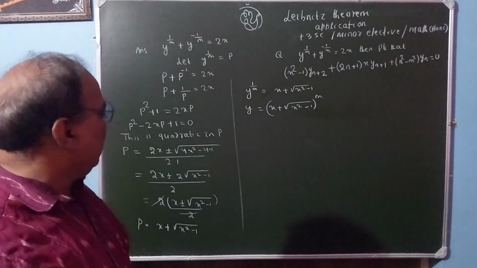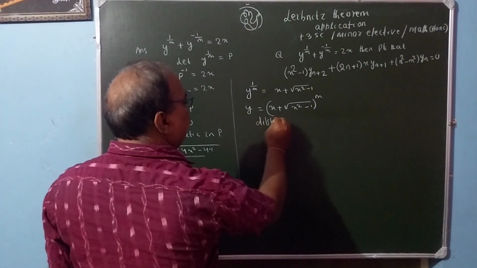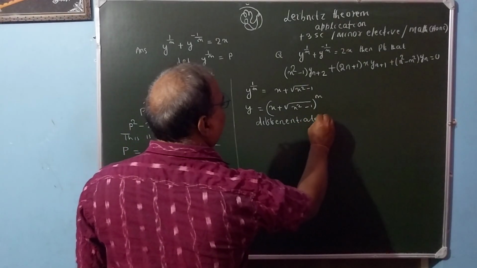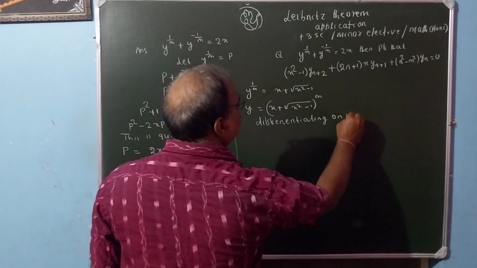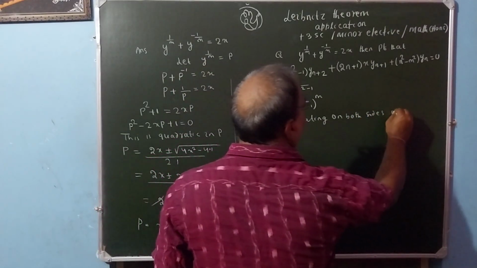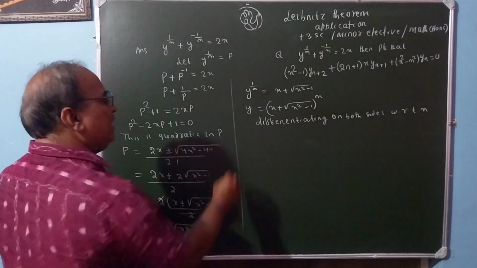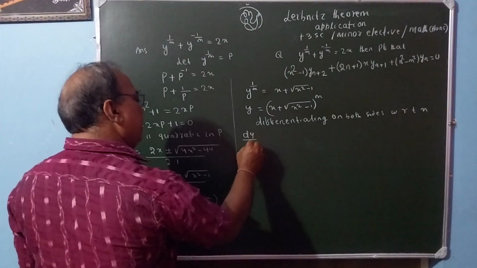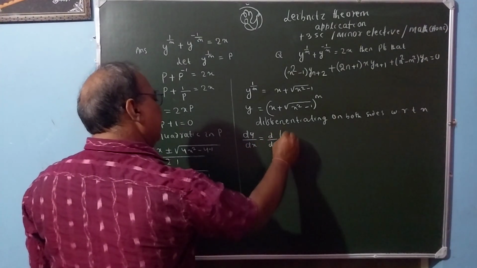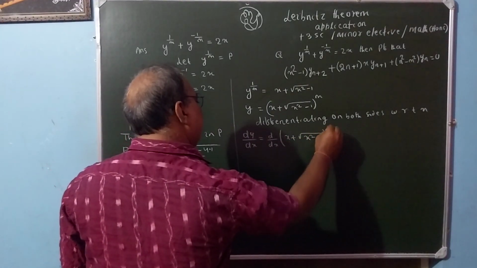Now differentiating on both sides with respect to x. So dy by dx is d dx of (x plus root over x square minus 1) to the power m.